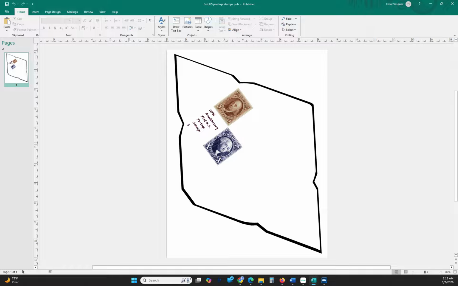Any other stamps, including really old stamps over 100 years old, are still valid as postage, anything after 1861. And they're valid as postage for the amount that was paid, because a stamp is essentially the receipt or a proof of payment for a fee being paid for a government service.